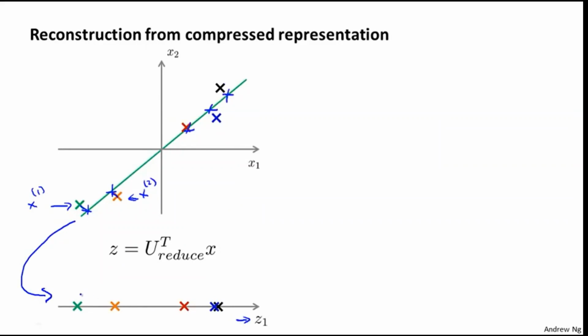So given a point Z1, how can we go back to this original two-dimensional space? In particular, given a point Z, which is in R, can we map this back to some approximate representation X in R2 of whatever the original value of the data was?